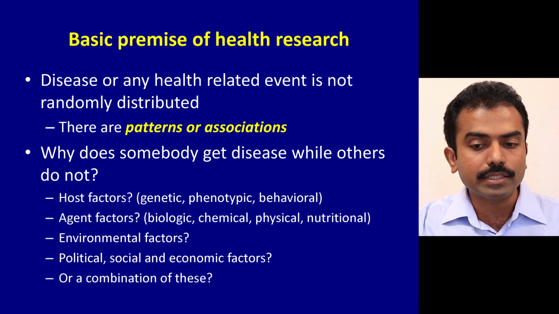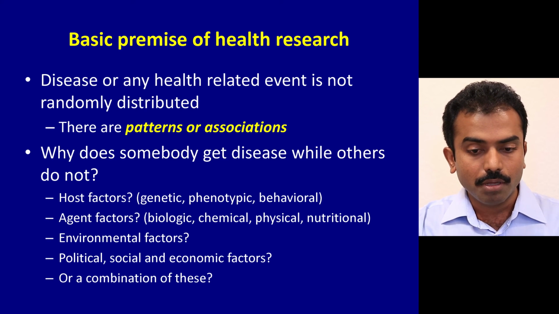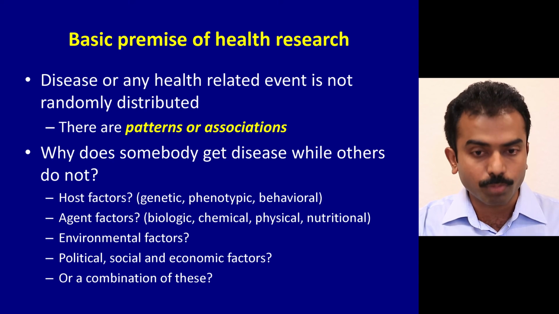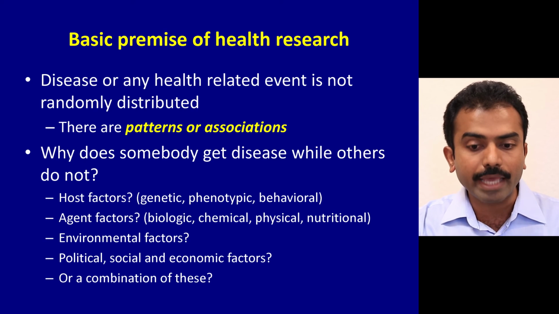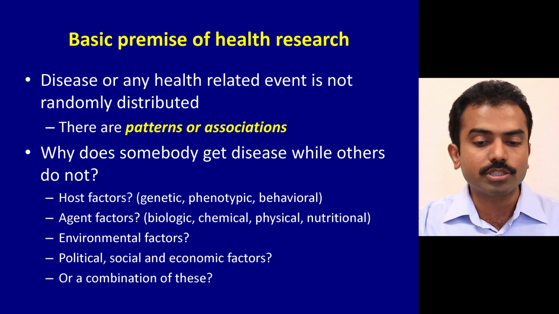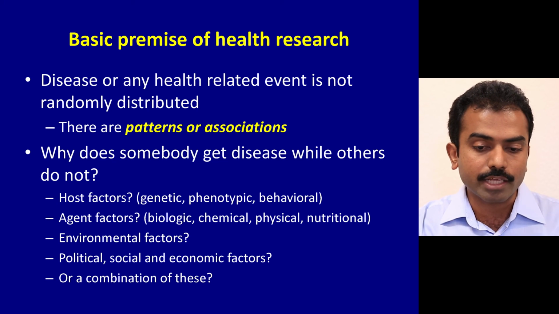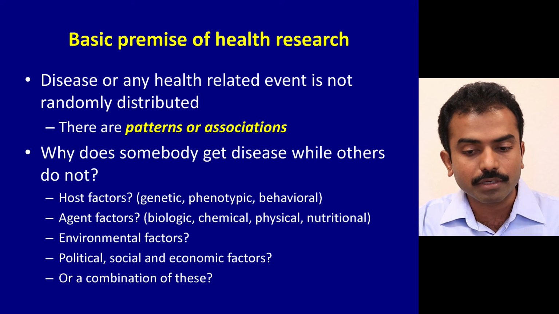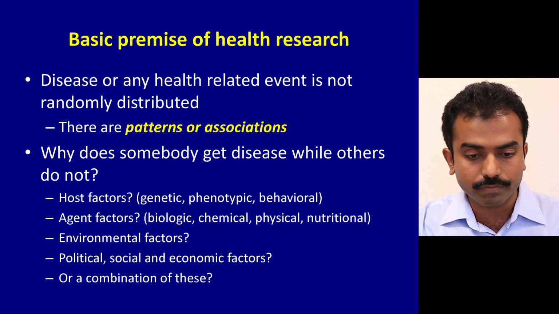Why does somebody get disease while others do not? Maybe they are genetically predisposed. Maybe they have a particular behavior which puts them at a higher risk of getting disease. Maybe they are exposed to certain biologic agents, certain bacteria, certain viruses, which are involved in the disease process.